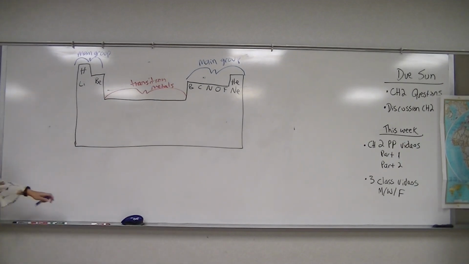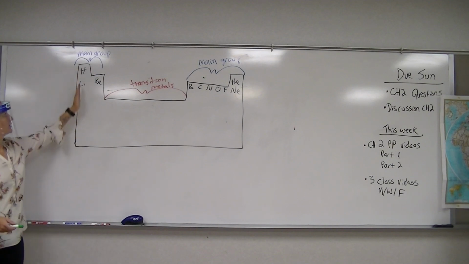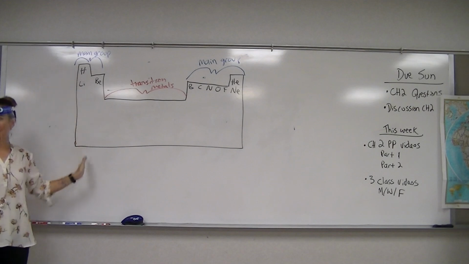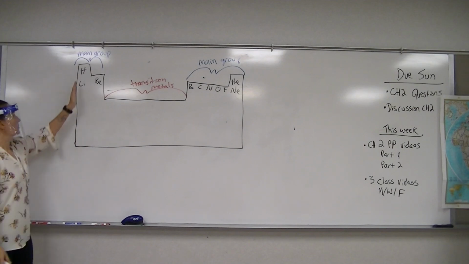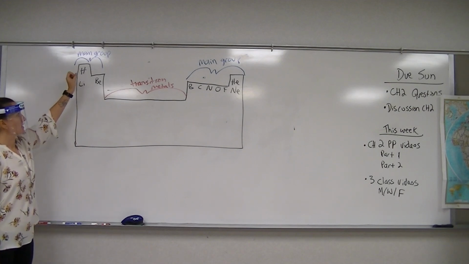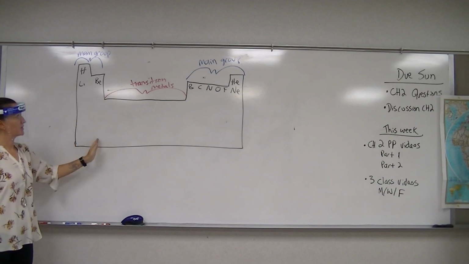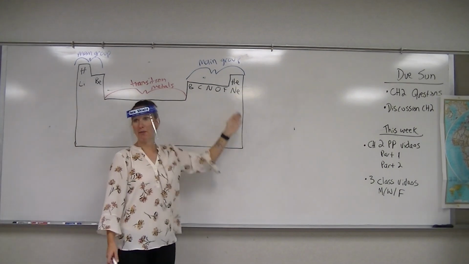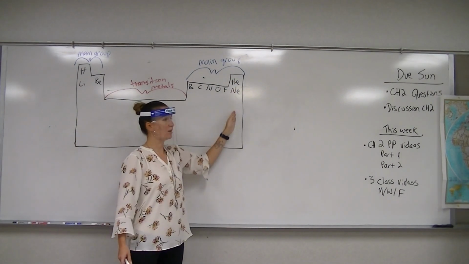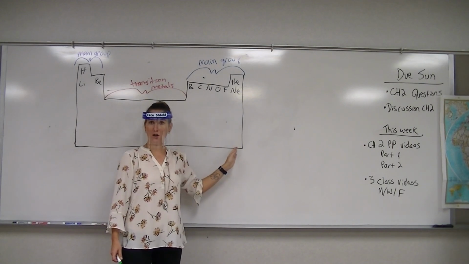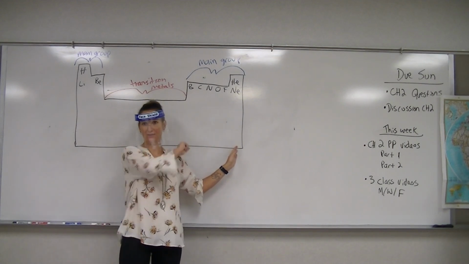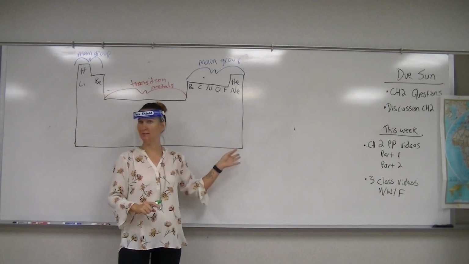So now for the special groups. By group, I'm talking about up and down a column. The reason the periodic table is represented in groups is because elements in the same group have similar properties. As you go down a column, all the elements in that column for the main group metals, not the transition metals, have similar properties.